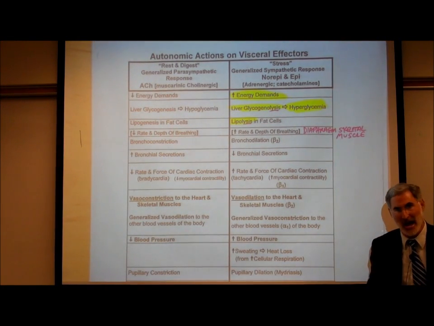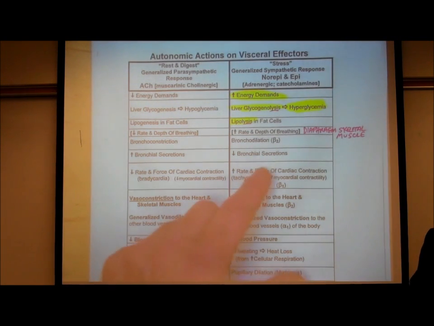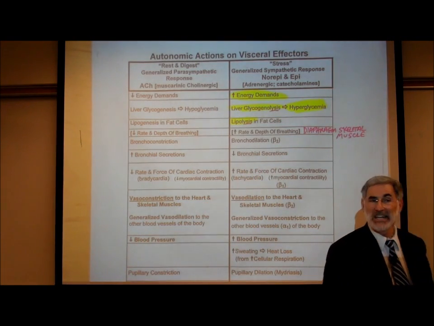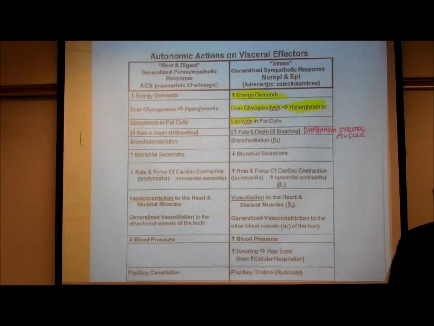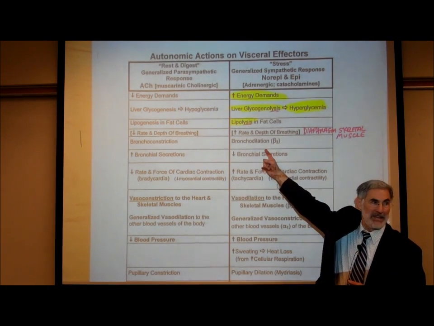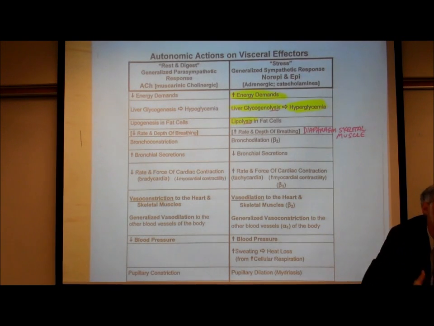When you exercise, you breathe faster and more deeply. Why? To provide more oxygen. Now, something that is autonomic is when you're in a stress state, you need more oxygen for cellular respiration. Your airways dilate. The airways widen. They dilate to deliver more air.